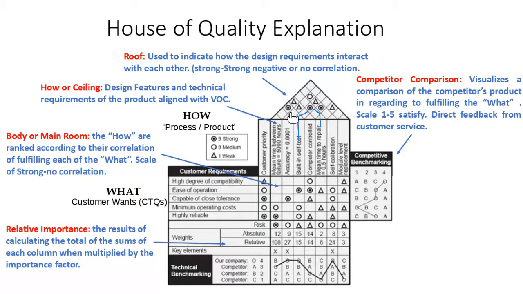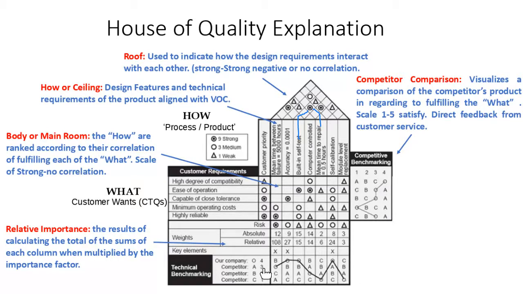You can identify even your own symbol, but you have to show a key box or a legend box here that explains the symbols or signs that you have used for the correlation or for identifying the company's names or competitors. So here it shows the technical benchmarking for the technical specifications between you and the other competitors.